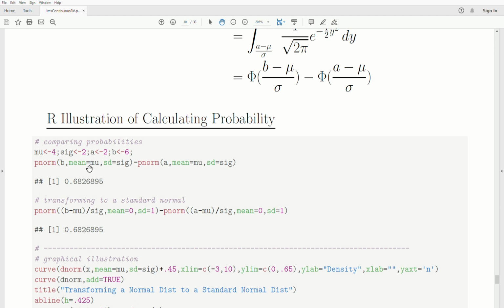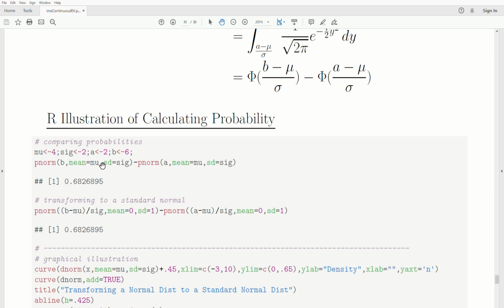We're going to find the probability that X is between 2 and 6, so a is 2 and b is 6. We're going to let the normal distribution have a mean of 4 and a variance of 4. That means a sigma, or a standard deviation, of 2. The reason I do that is because the function in R asks for a standard deviation, not a variance.